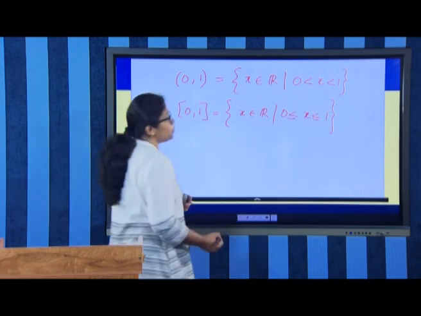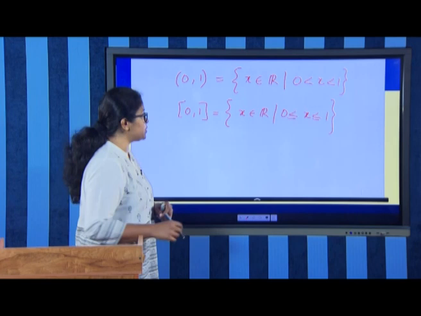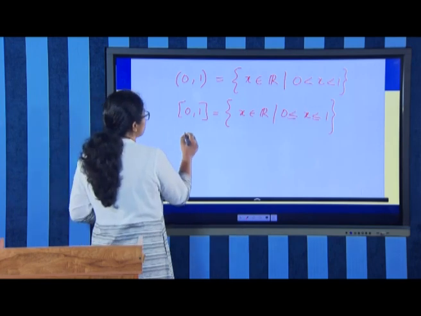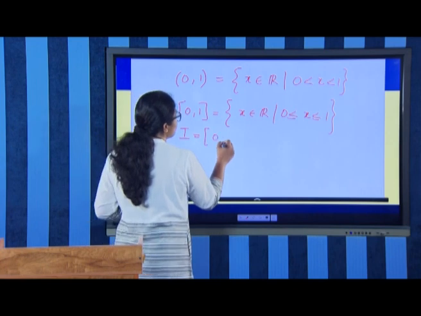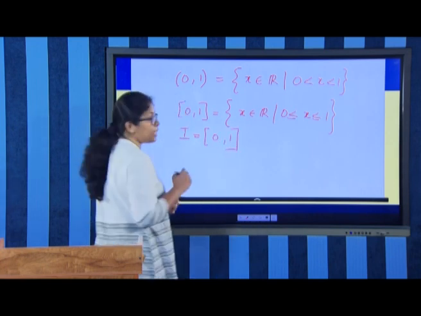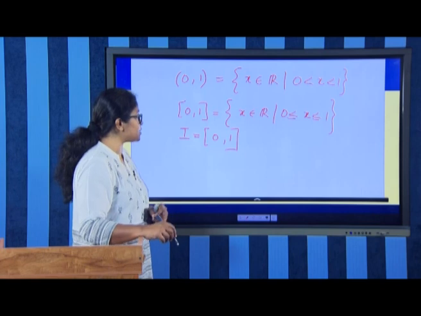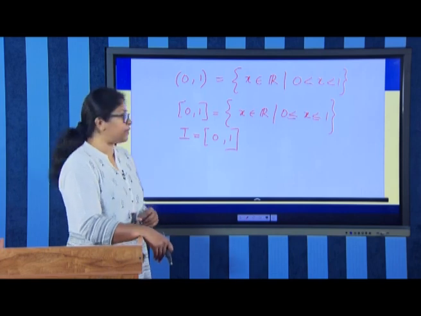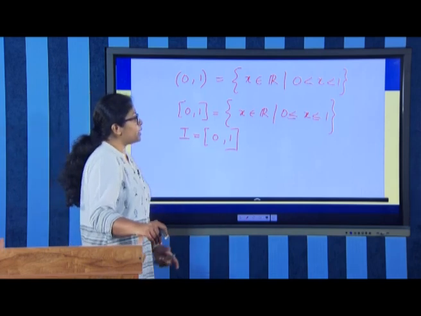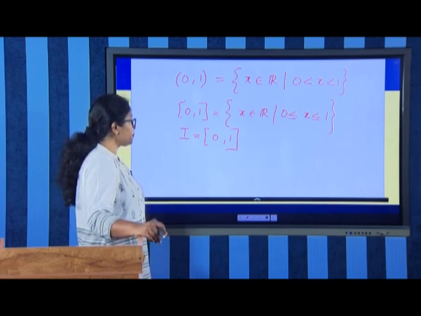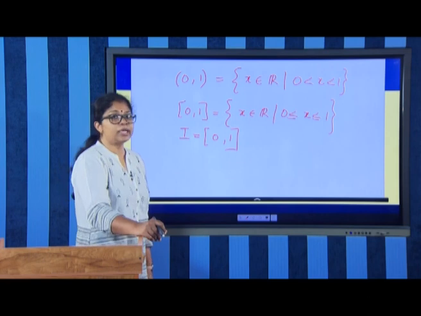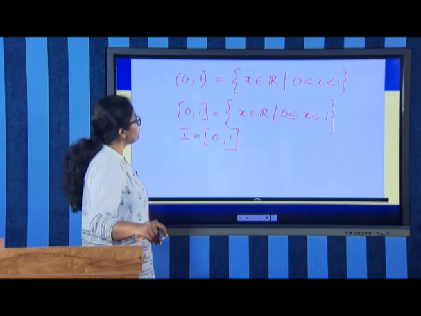This interval is called the unit interval and it is denoted by the standard notation capital I. So, capital I stands for the unit interval in the American standard notation. So, I is equal to the closed interval [0, 1].